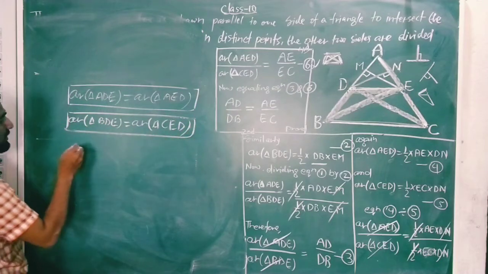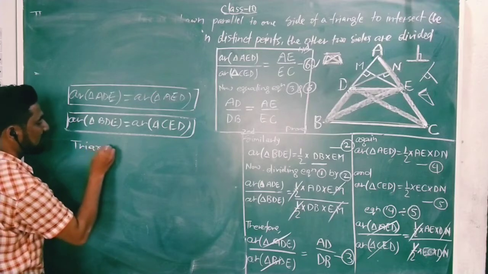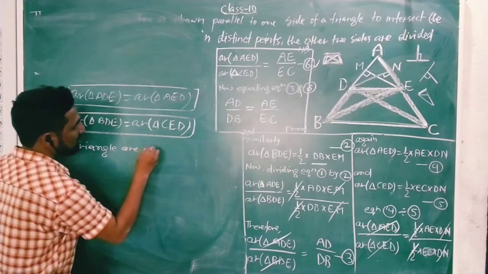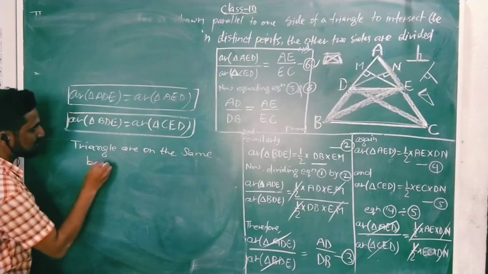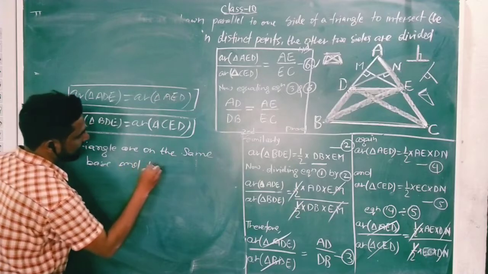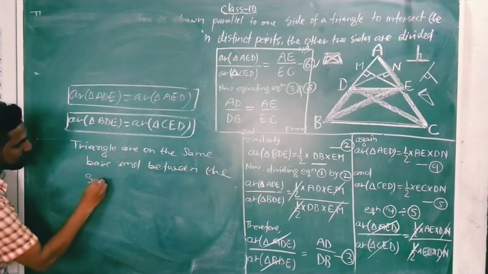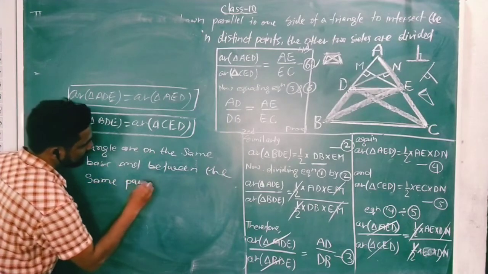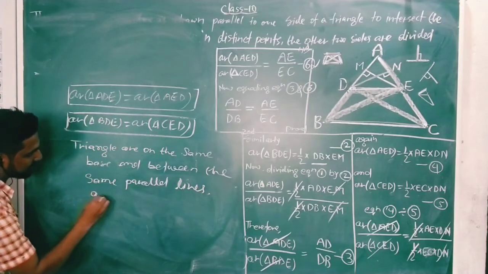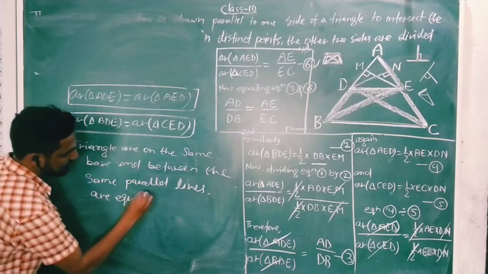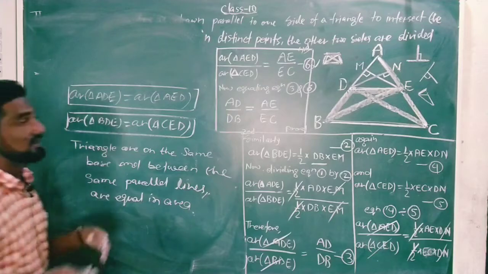The statement which will be written is needed: triangles on the same base and between the same parallel lines are equal in area. So this statement we will write at last, and hence this theorem is proved.